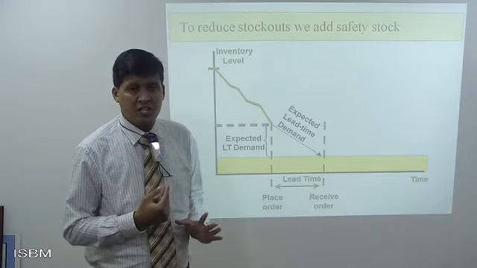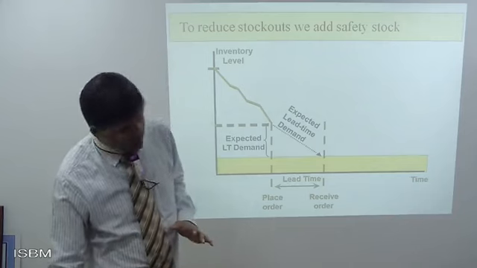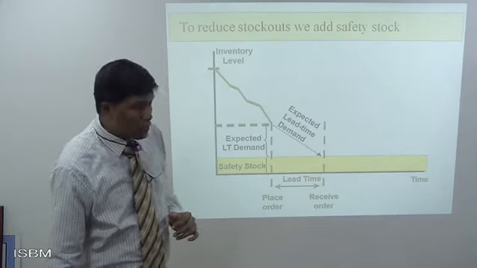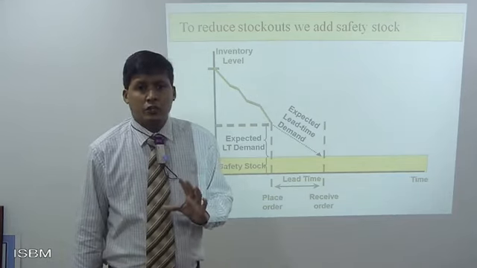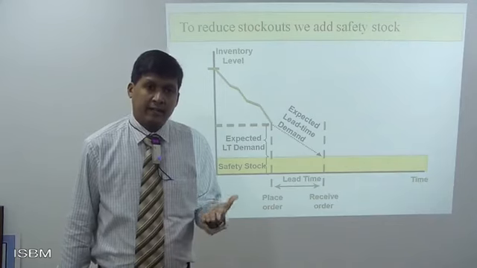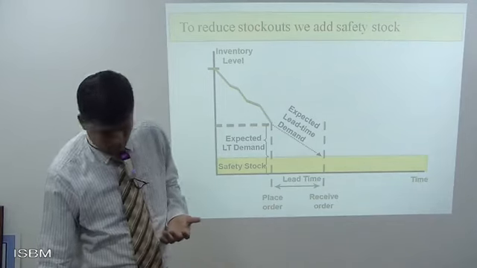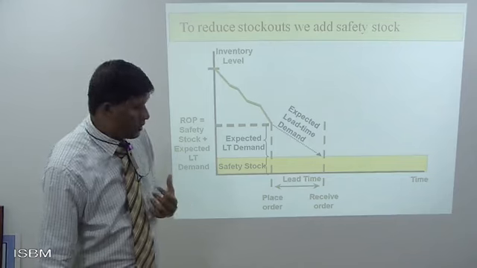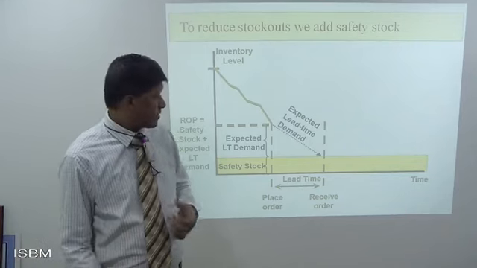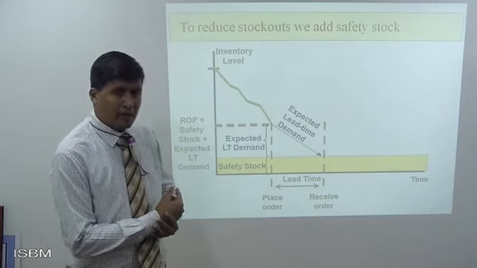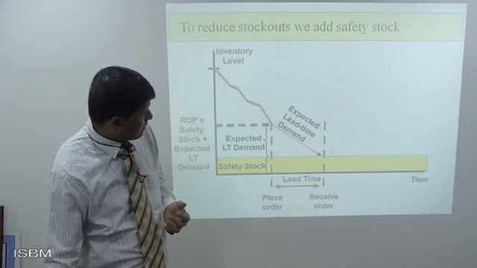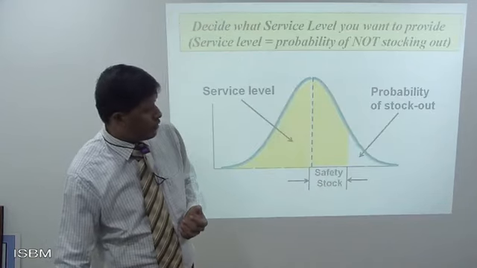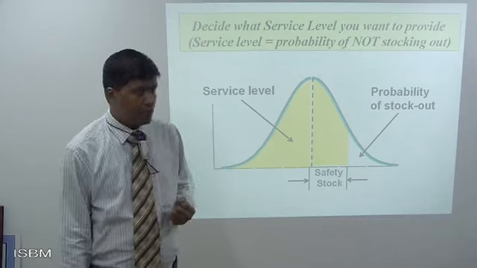So the lead time changes. So we need to keep a safety stock to factor in the additional demand as well. So ROP then changes, where it is safety stock plus expected demand over the lead time.